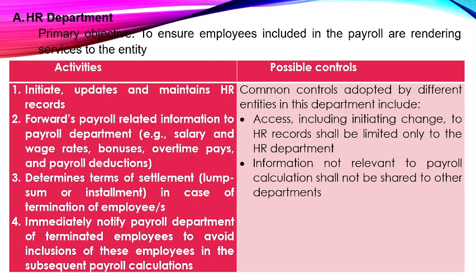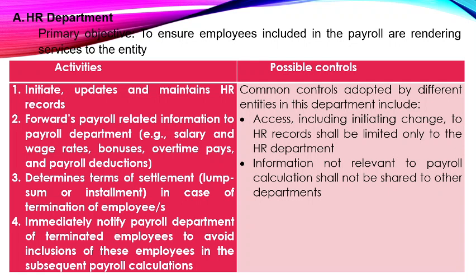The HR department ensures employees included in the payroll are rendering service to the entity. The activities: initiate, update, and maintain HR records, and forward payroll-related information to the payroll department. This includes examples such as the salary and wage rates, bonuses, overtime, and payroll deductions.